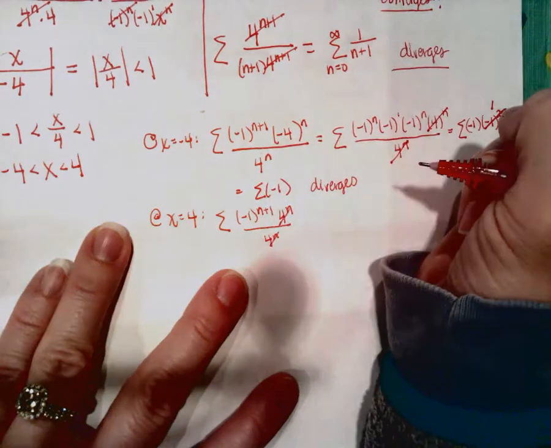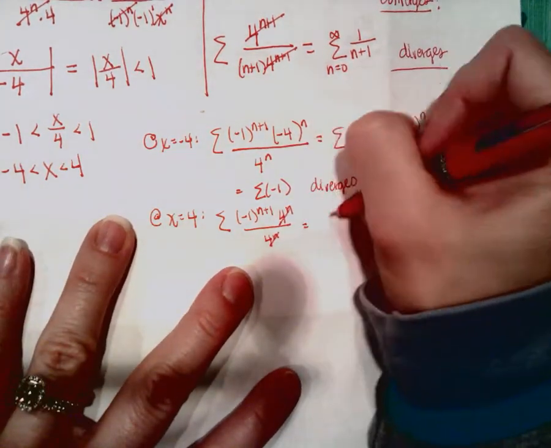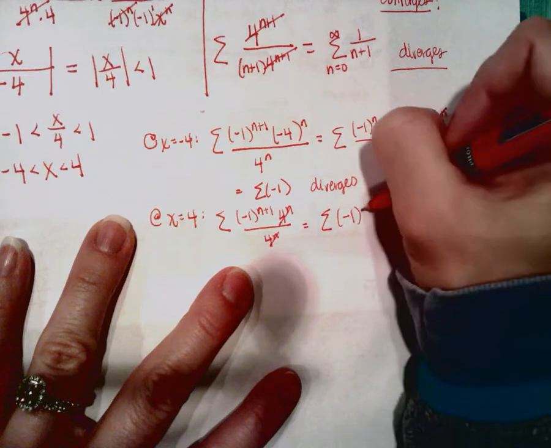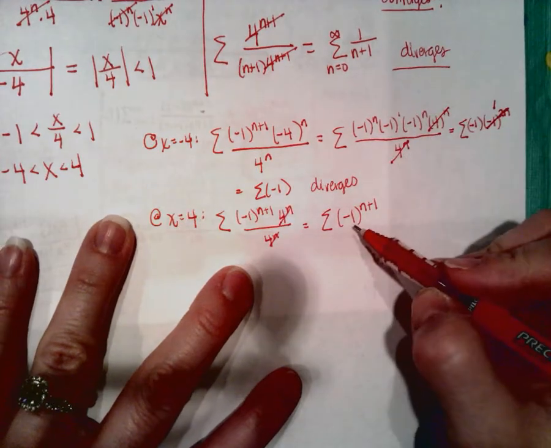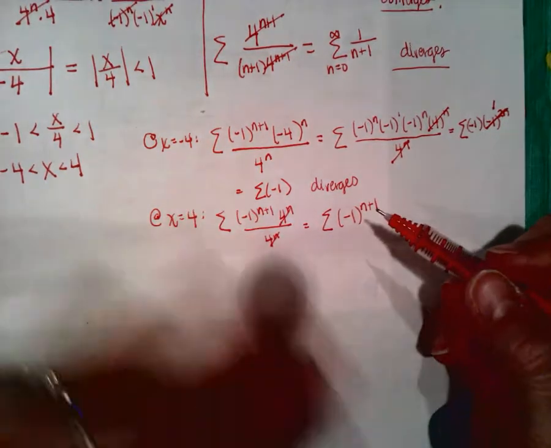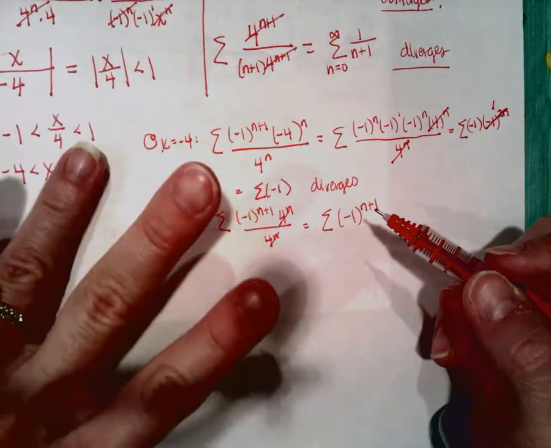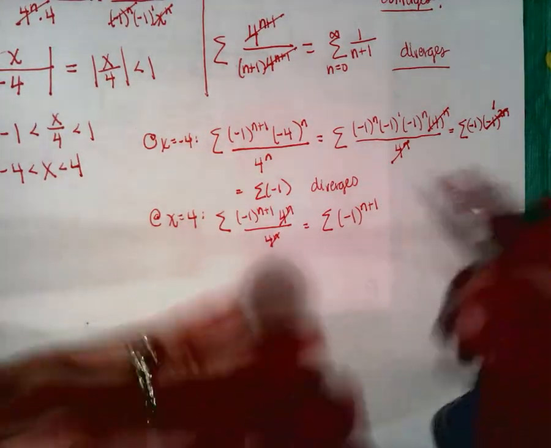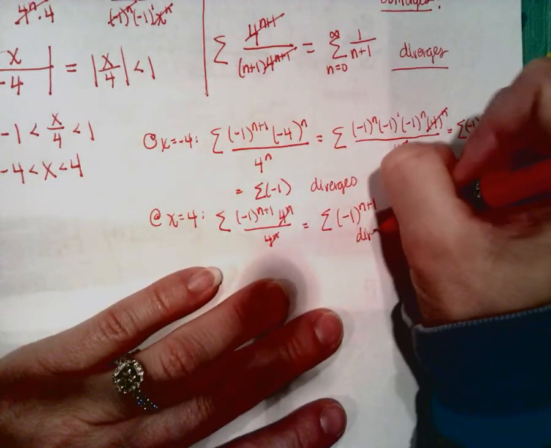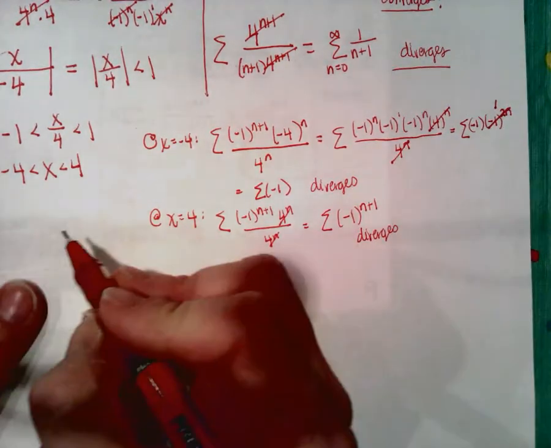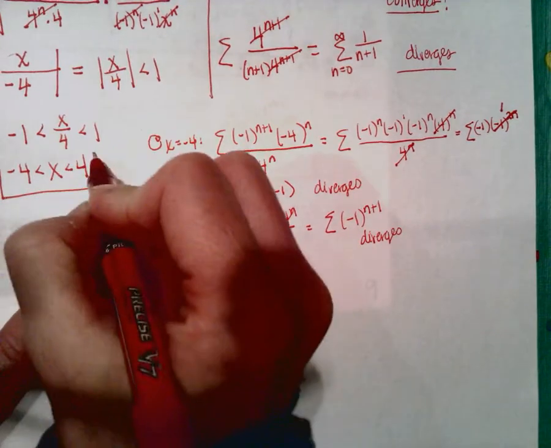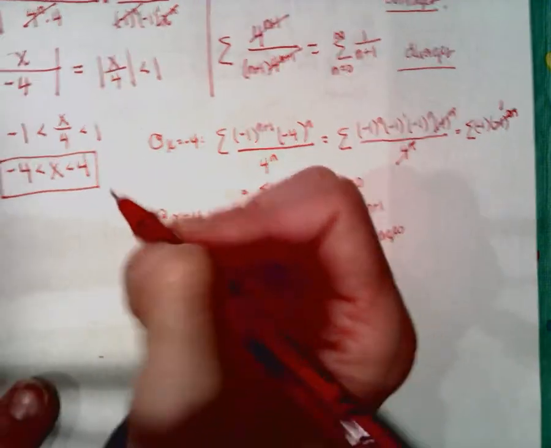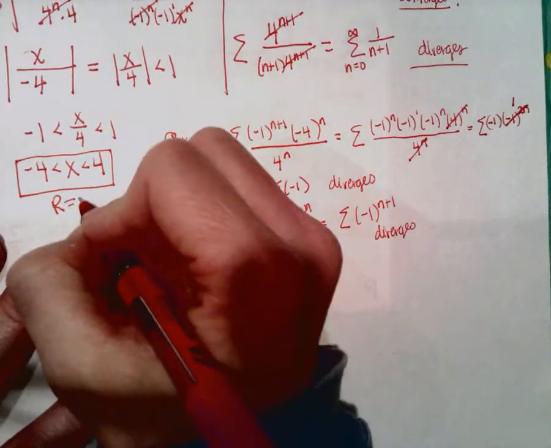So we just get the sum of (-1)^(n+1), which literally forever is just -1, 1, -1, 1, -1, 1. If we keep adding those up forever, it's going to keep going back and forth forever. So this diverges as well. So neither endpoint is included. So we're going -4 to 4 for the interval, which means the radius of convergence would be 4.